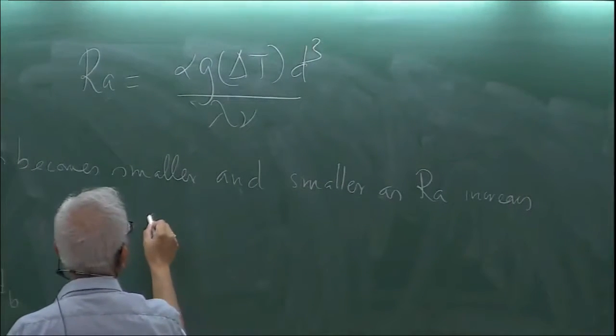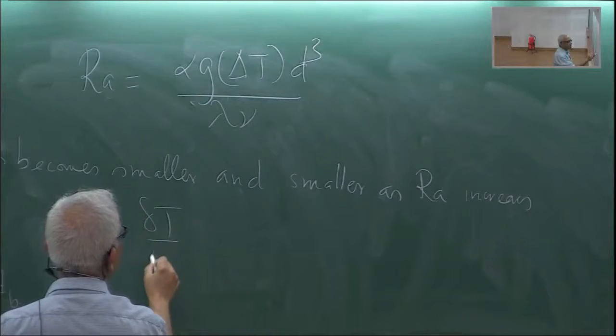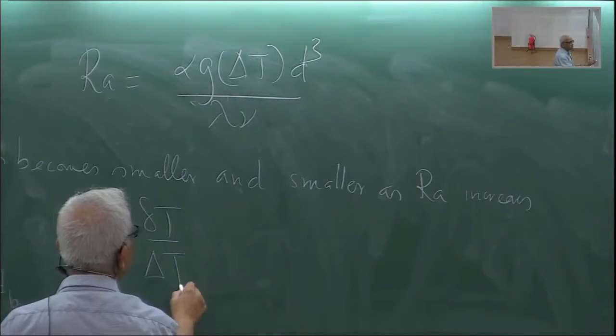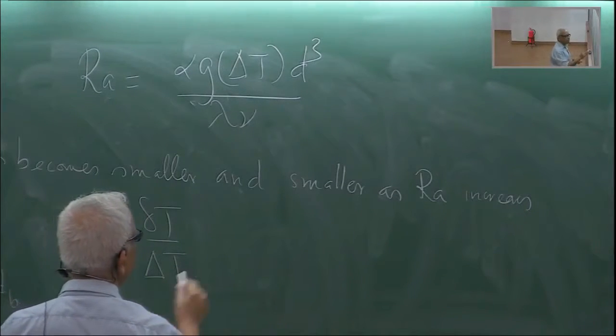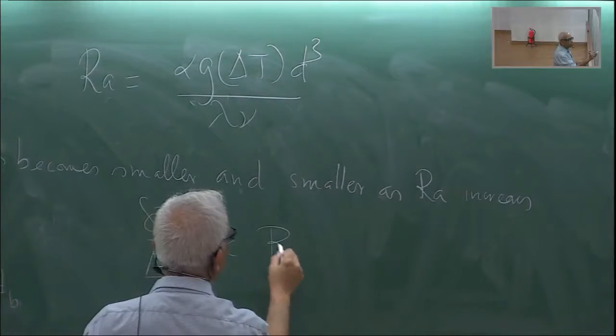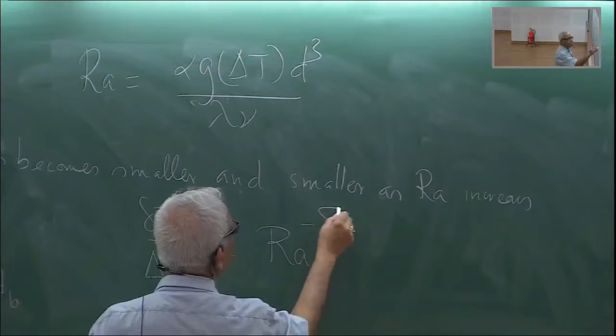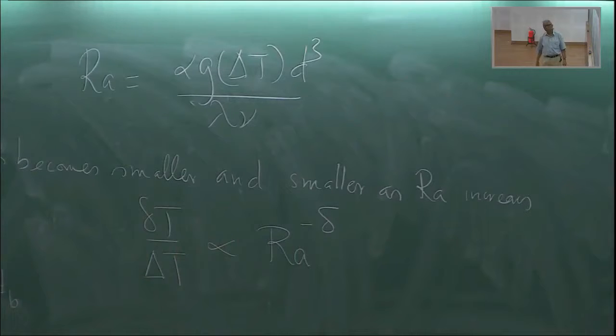So you express that by the statement that delta t over capital delta T is proportional to Rayleigh number to the power minus delta.